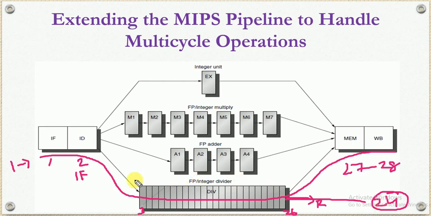And now the initiation interval is, you might be imagining, one is there already. Then instruction fetch. So the problem is that only instruction fetch is completed, then again 24.